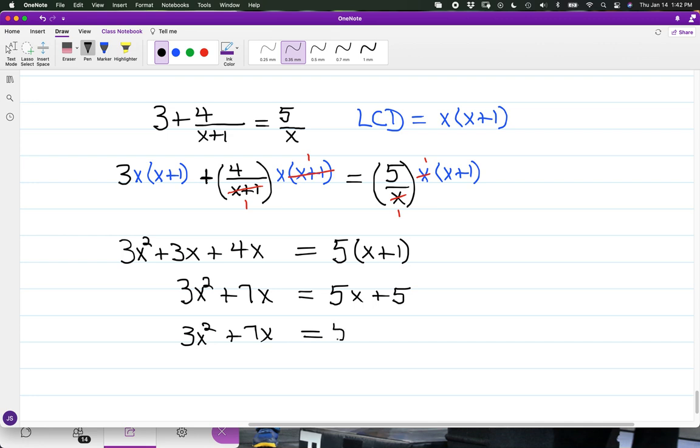I'm just going to write this again. I'm going to set this up as a quadratic equation in standard form, so I'm going to move the 5x as well as the 5.